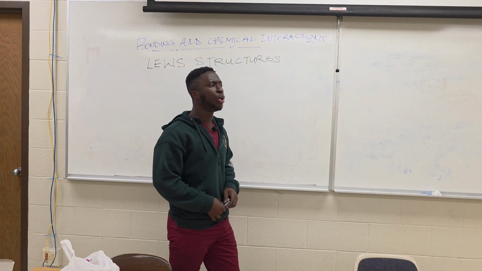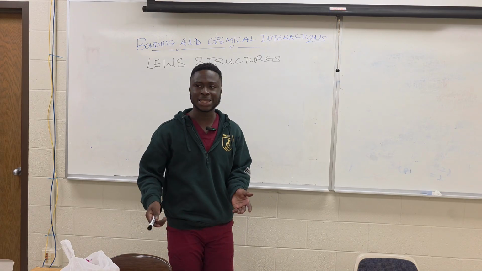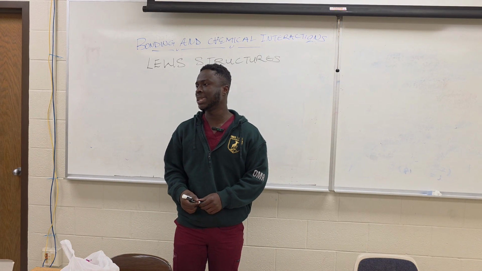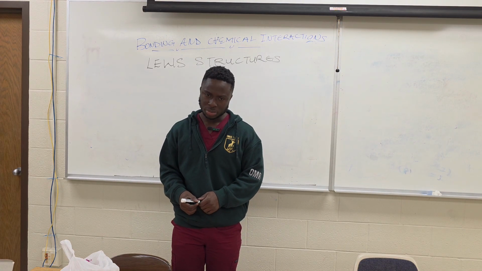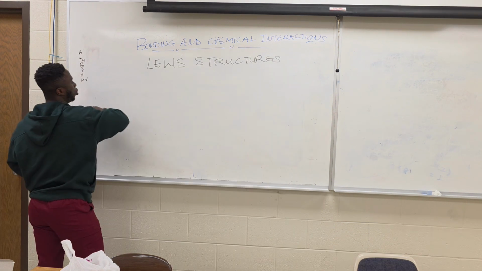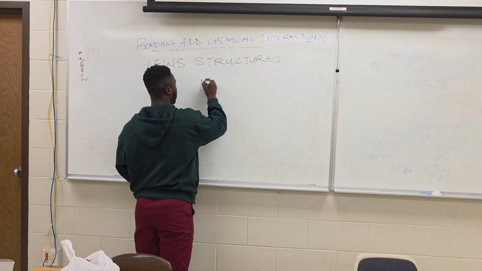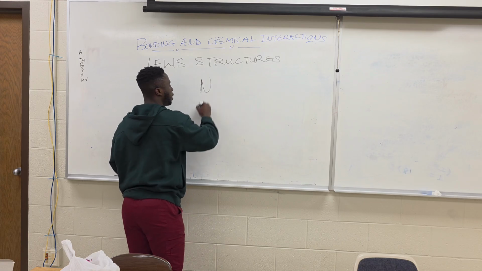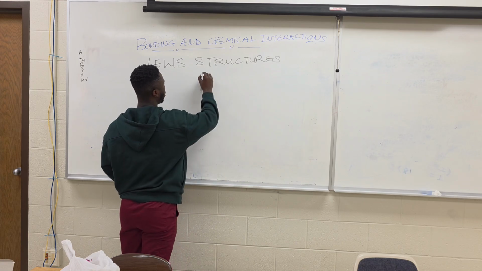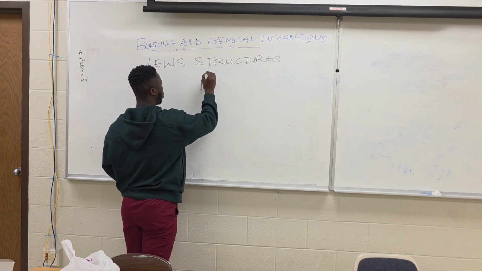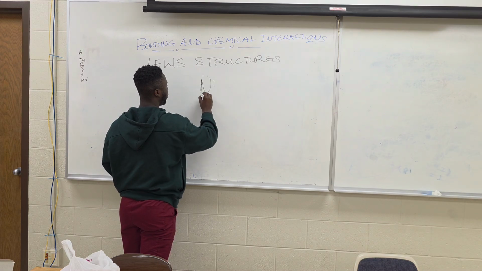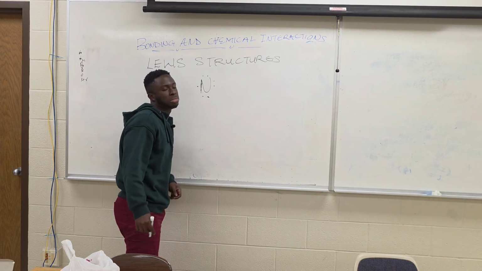So if you pull up the periodic table on your MCAT, and let's say you get to an atom like nitrogen, which is in group 7, N, you just surround it with 7 valence electrons. 1, 2, 3, 4, 5, 6, 7.